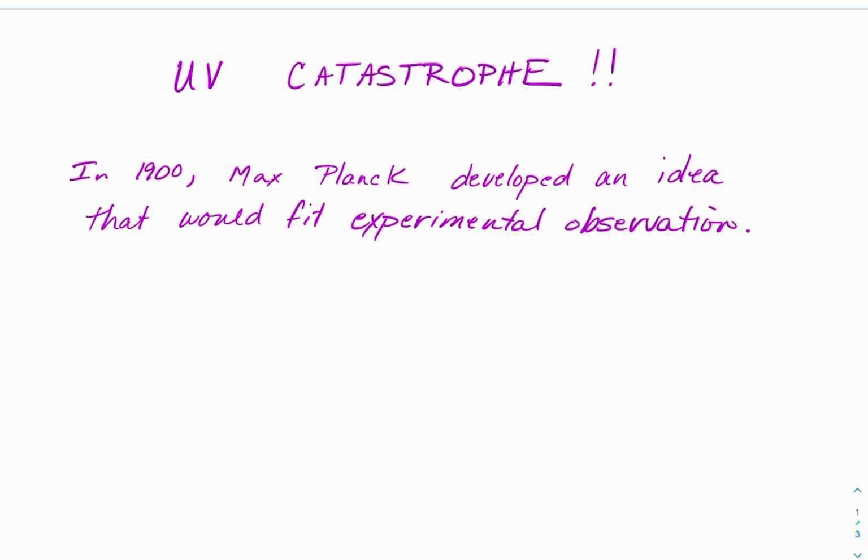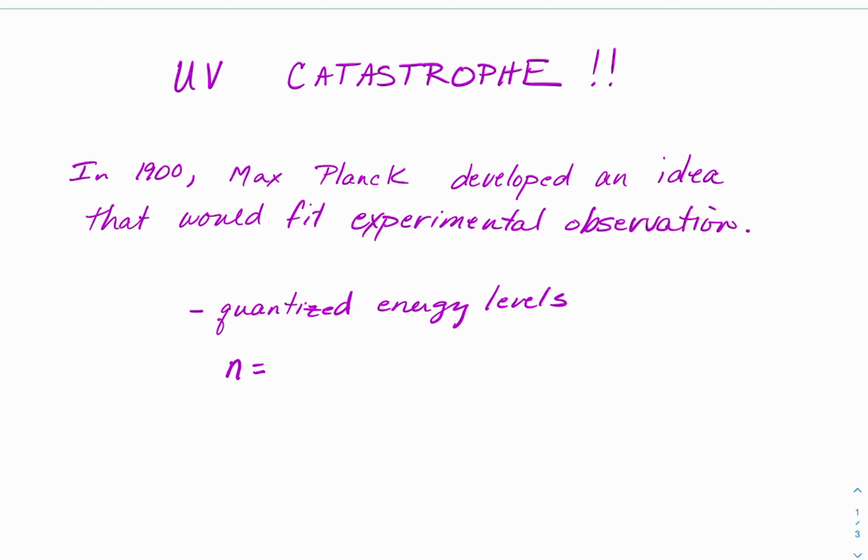Then in 1900, a scientist called Max Planck developed an idea that would fit mathematically with the experimental observations. What he decided was that the electrons within the atoms of the metals could only be located in quantized energy levels that he denoted with the following values.